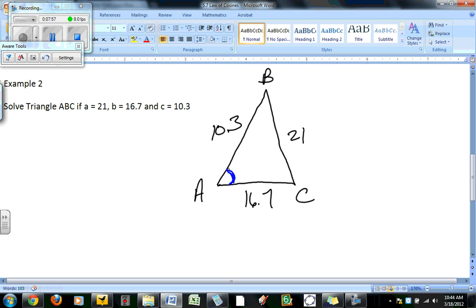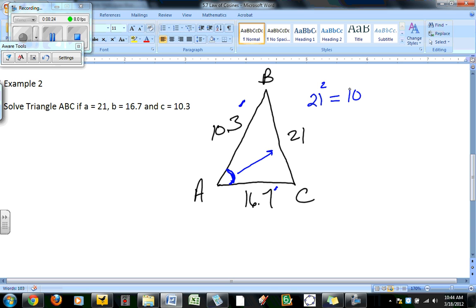Say we're looking for angle A. If we're looking for angle A, remember that the side opposite the angle you're looking for is on the left side of the equal sign. So this would be A squared, so this would be 21 squared. And then we use our other sides on the right side of the equal sign.